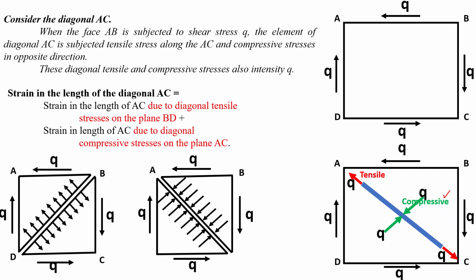Then the strain in the length of the diagonal AC equals the strain in the length of AC due to diagonal tensile stresses on the plane BD plus the strain in the length of AC due to diagonal compressive stresses on the plane AC. This is nothing but the longitudinal strain plus the lateral strain.